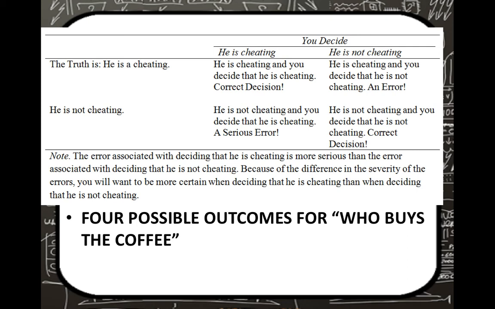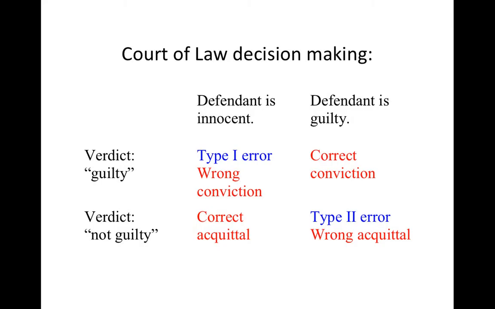A basic principle of our legal system is that we have to be very certain that someone has committed a crime. We have to be beyond a reasonable doubt before we can convict that person. By contrast, we don't have to be convinced beyond a reasonable doubt that she's innocent, because wrongly deciding that someone is innocent is considered less severe than wrongly deciding that someone is guilty.